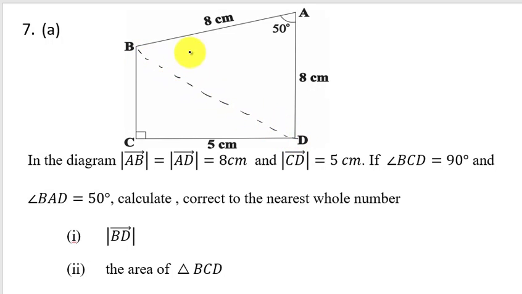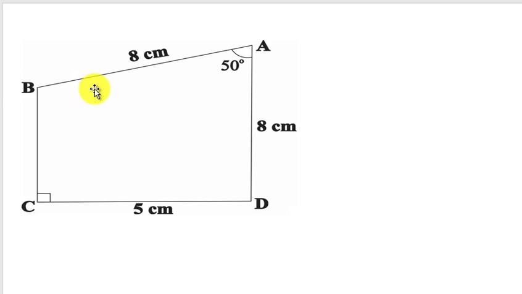So the question wants us to find the distance from this point to this point. Now let's take a critical look at the diagram again. So this is the diagram, and they want us to find the distance from B to D.